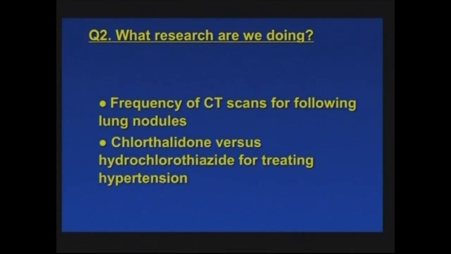First bullet here, frequency of CT scans. They discover you have a lung nodule, something in your lungs that they picked up on a CT scan, and maybe a 5% chance that's cancer. But there's a dispute about how you don't want to biopsy these because that's a big deal. So instead you follow it with CT scans, and there's uncertainty about how often you should do the CT scans.